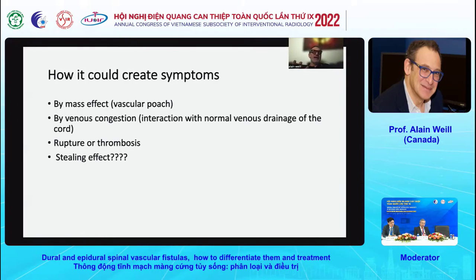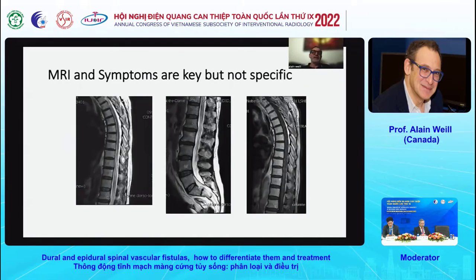It could be by mass effect, which is mainly when there is a venous pouch, or by venous congestion, and that's probably the most frequent way those fistulas or AVMs or vascular malformations of the spine create problems. It could eventually rupture or thrombose, which is actually fairly rare, at least for the paraspinal and the dural fistula, and obviously more frequent for the intradural. And we can eventually discuss the steal effect, although I've never seen that.